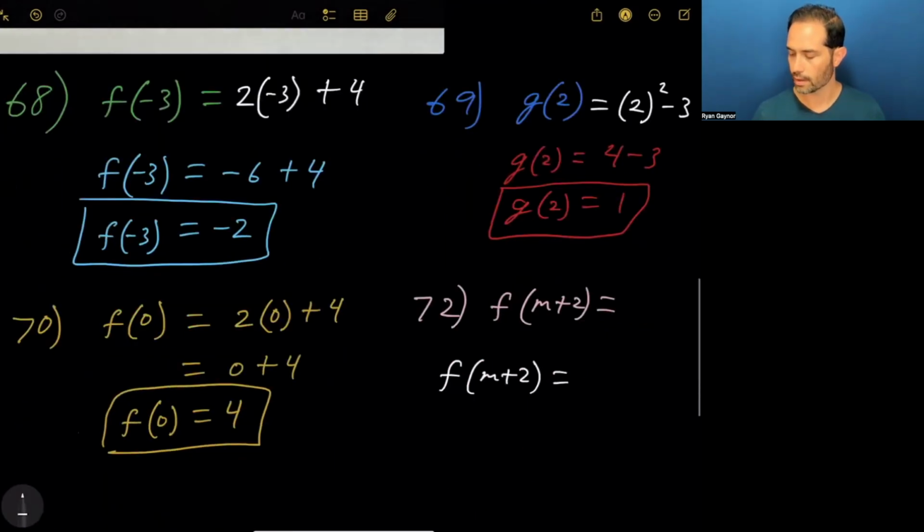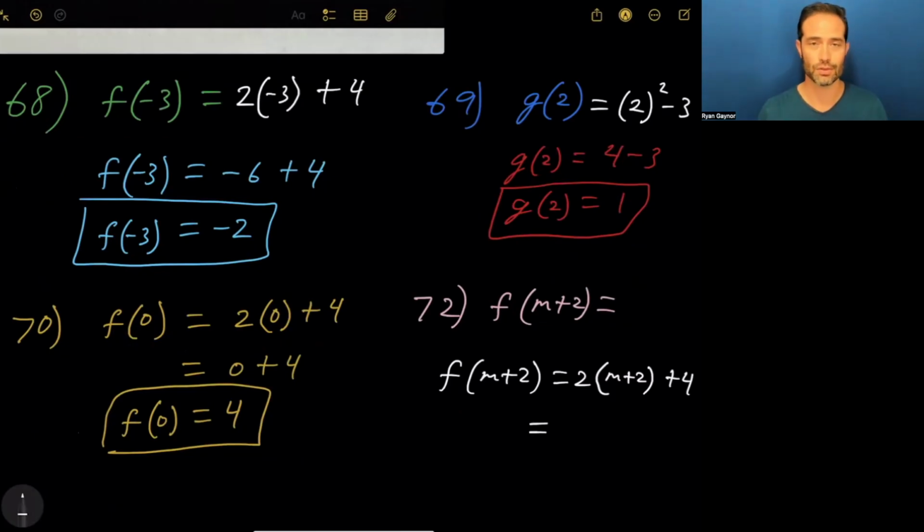So that is 2, and then parentheses. This time our x is the expression m plus 2. So we write m plus 2, close the parenthesis, and then we have plus 4. Now this time we're not going to get an actual number, we're going to get an expression for our answer. So equals, we do parentheses first, right?